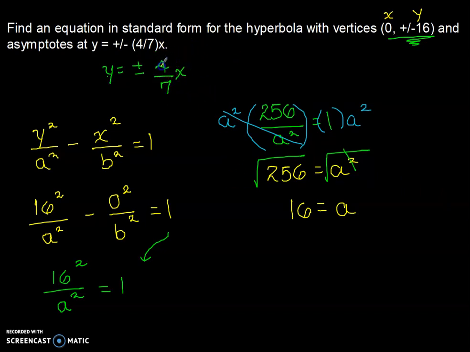So for 4 to become 16, I would have to multiply it by 4. So that's going to be the same correlation here. That means this relationship to get to b, that would give me 28. So I know that a is 16 and b is 28.